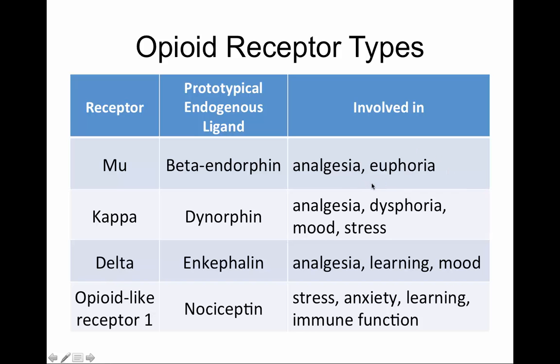Kappa receptors are involved in analgesia, dysphoria, mood, and stress. Delta opioid receptors are involved in analgesia and learning and mood. And then the opioid-like receptor 1 is involved in stress, anxiety, learning, and immune function. For pain, we will focus on the mu opioid receptors.